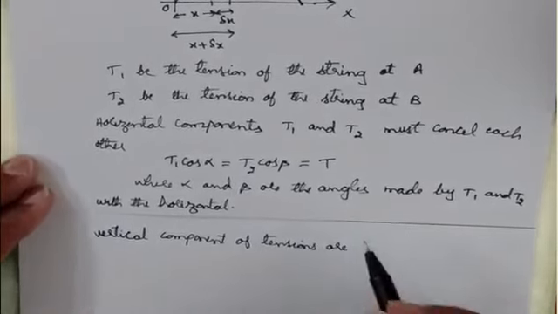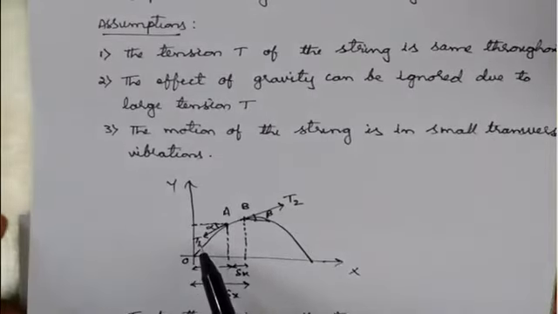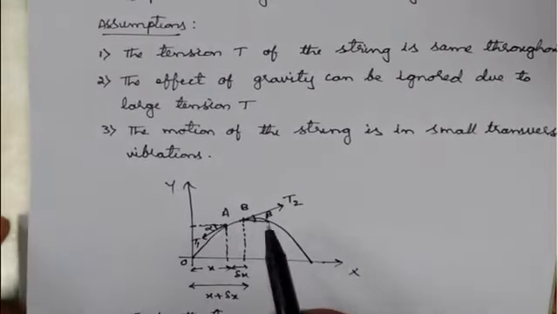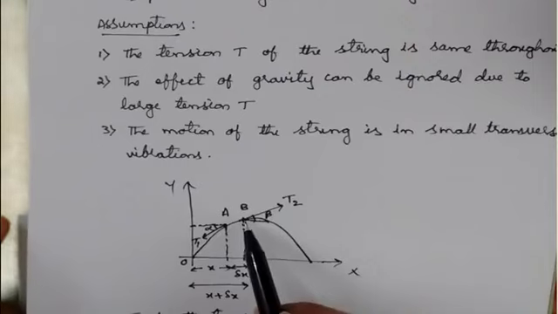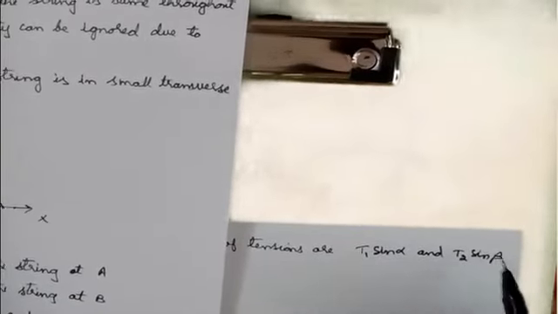At the point A, the vertical component will be T1 sine of alpha, and at the point B it will be T2 sine of beta.